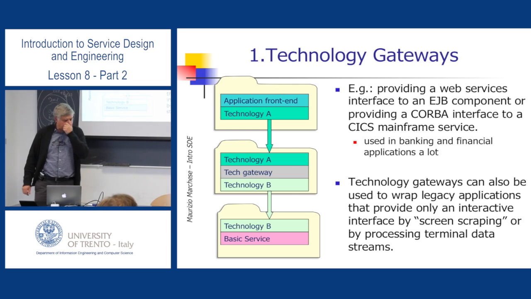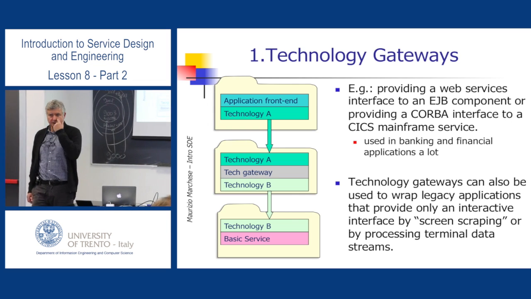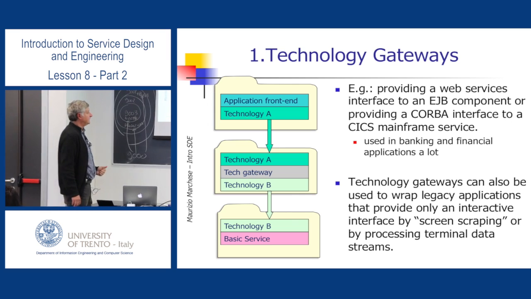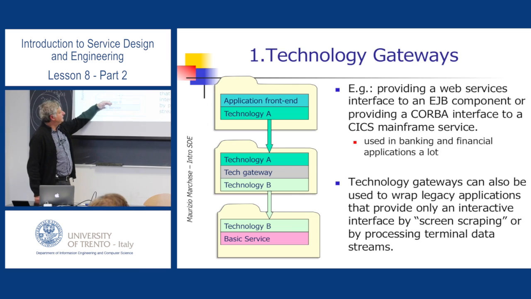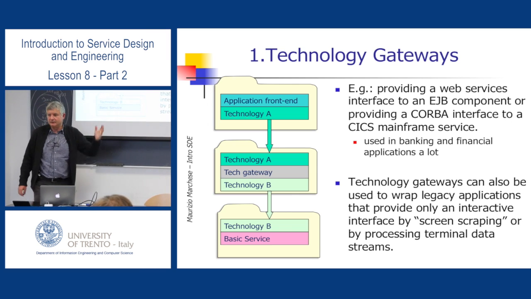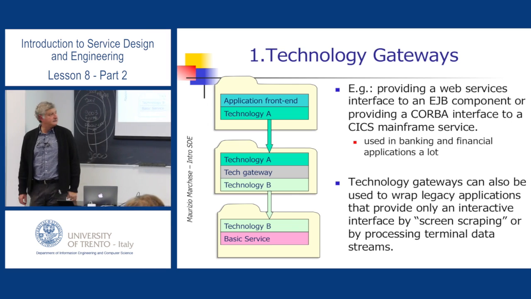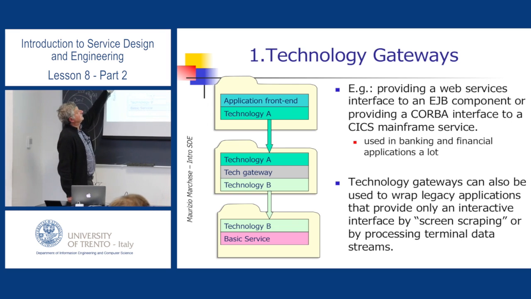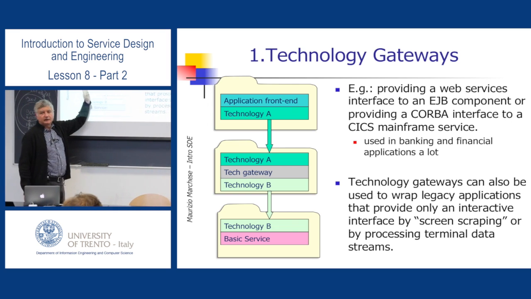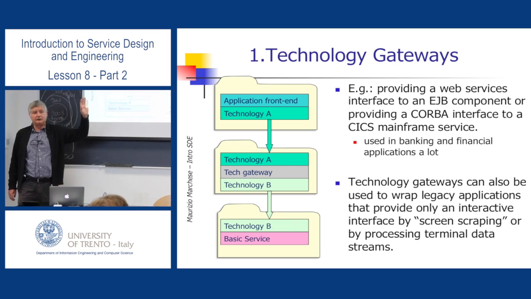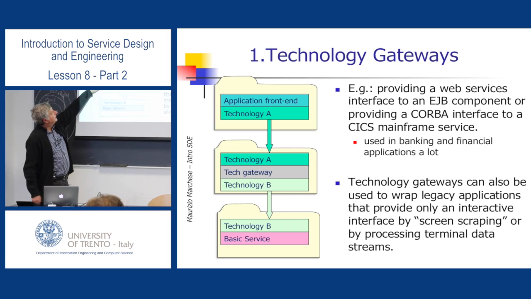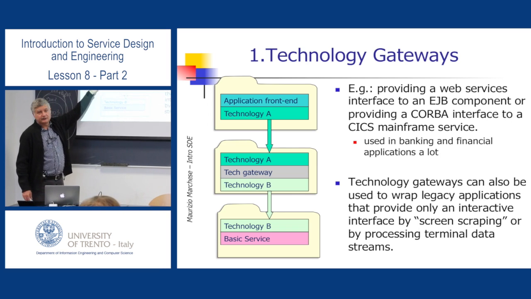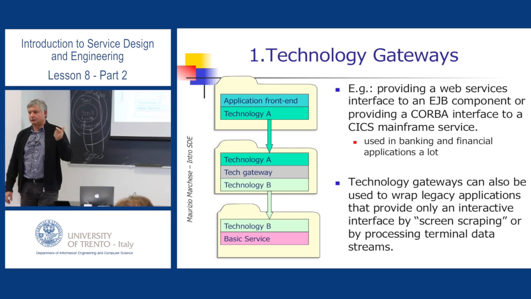This is the typical situation that you have when you're talking about technological gateways, in which you have a service which provides the API with a particular technology, maybe SOAP or REST, and you have another application front end which for historical reasons is using a different technology, and so you need to build a gateway in between which just translates one protocol to another.